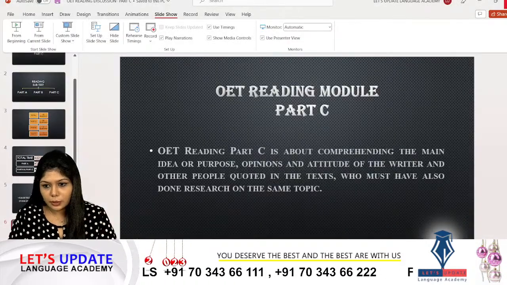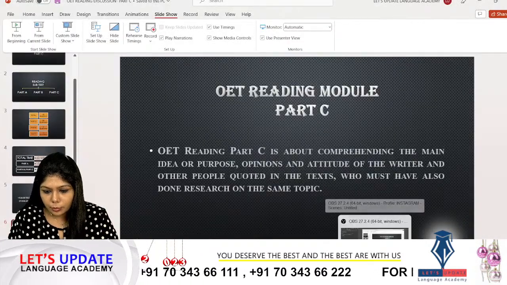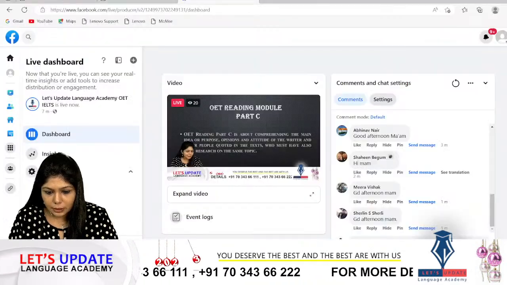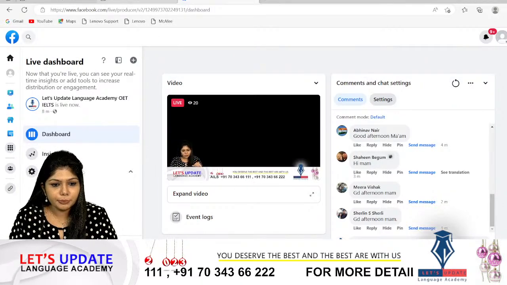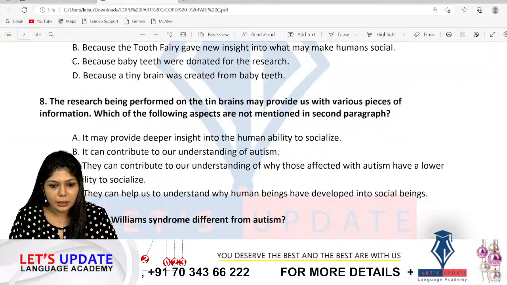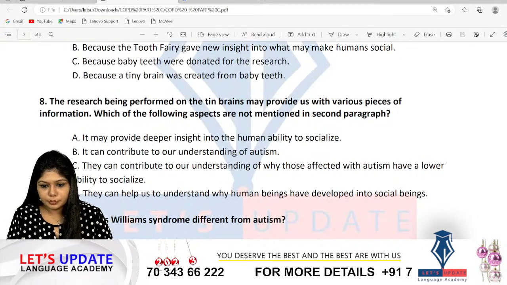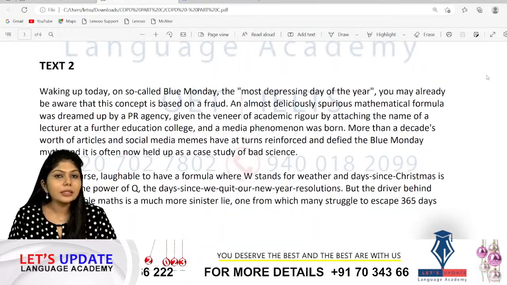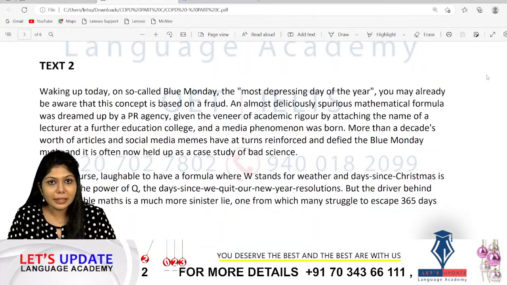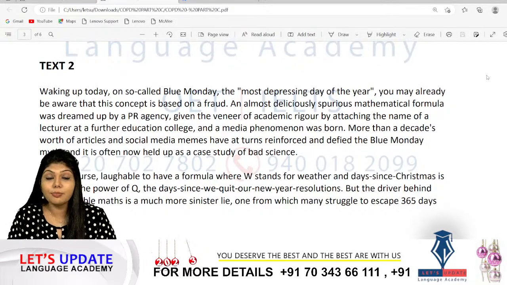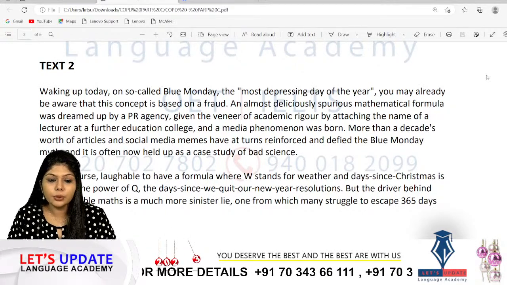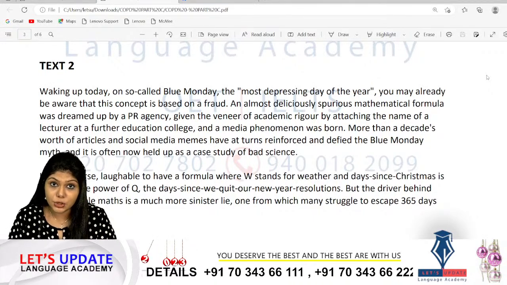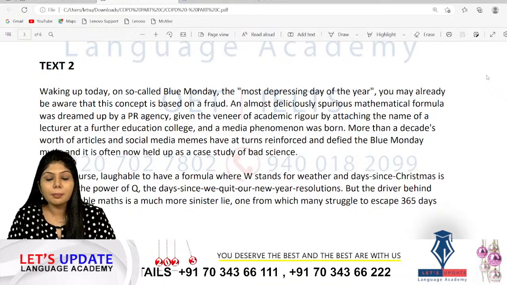So now we are going to discuss a material today. Last class we had discussed part C, the first text of part C, which is C1, and today we are going to conduct a reading module discussion of text 2, which is C2 of the part C section.